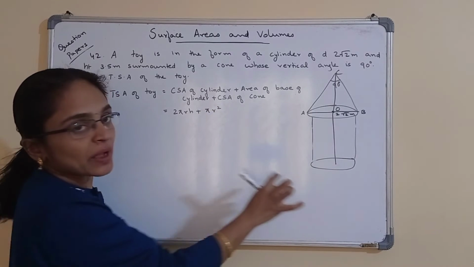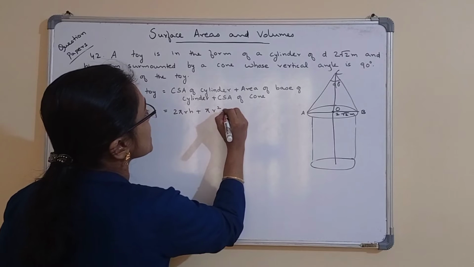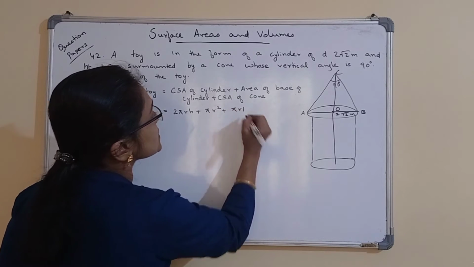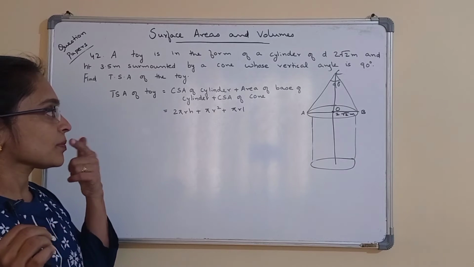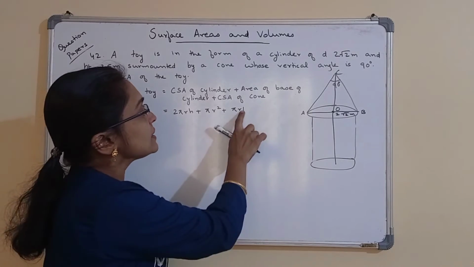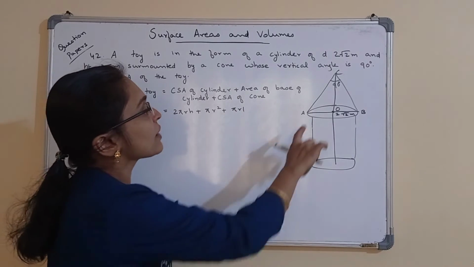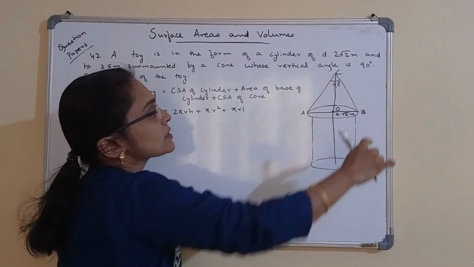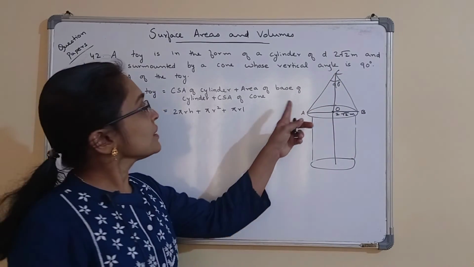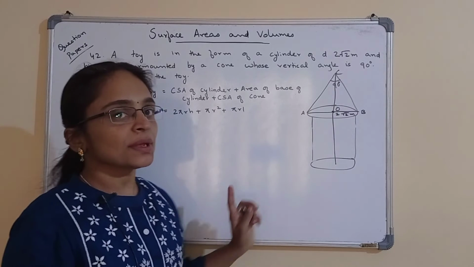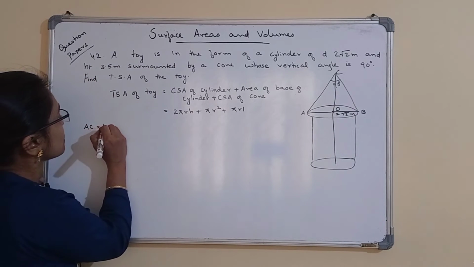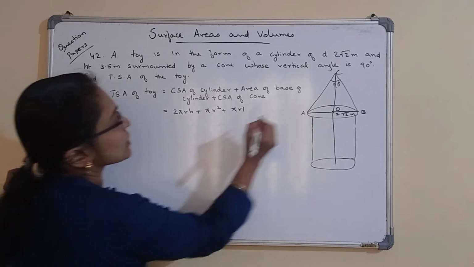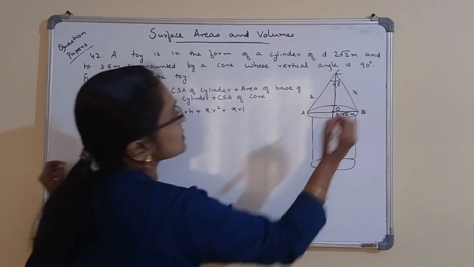Area of base is pi r square, which is a circle, plus curved surface area of cone is pi rl. Okay. And l is the slant height of this cone. We have to find this l, which is AC or BC. And here AC and BC will be equal. So let us take AC equal to BC equal to x. We are taking this as x.